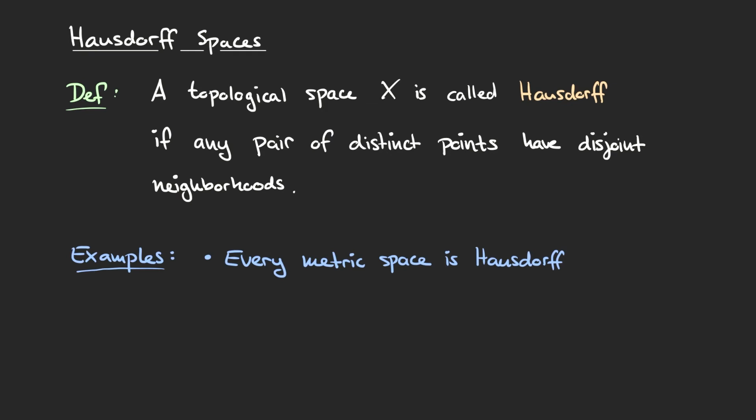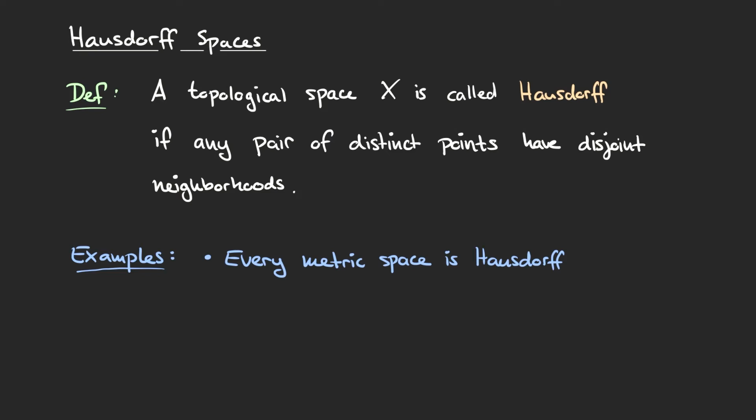First off, every metric space is also a Hausdorff space. Recall that a metric space is just some set with a distance function that takes non-negative real values, and this distance function has to fulfill the property that the distance between 2 points is 0 precisely when those 2 points are the same.